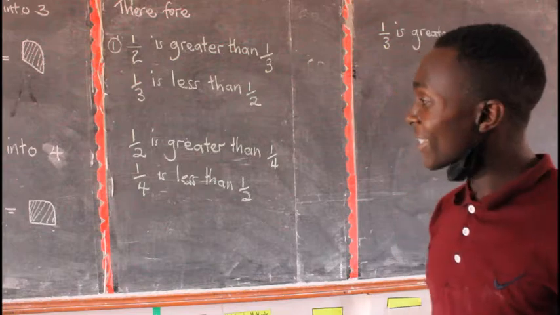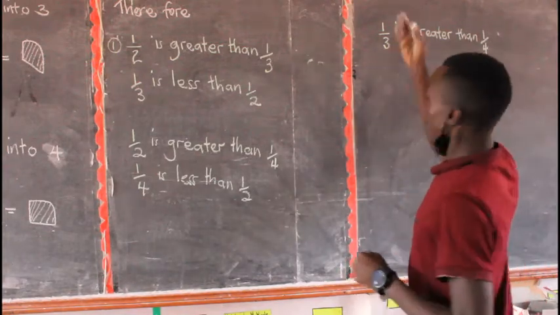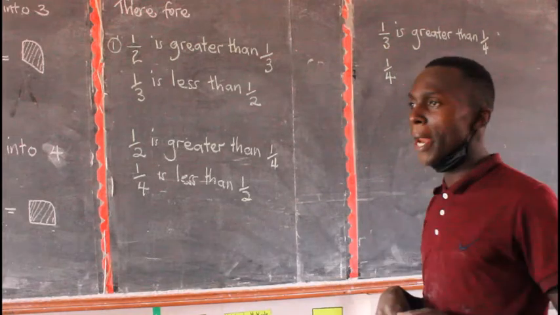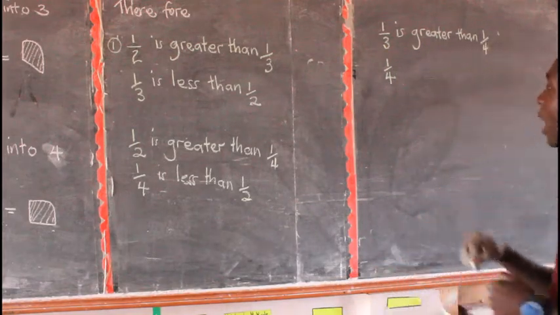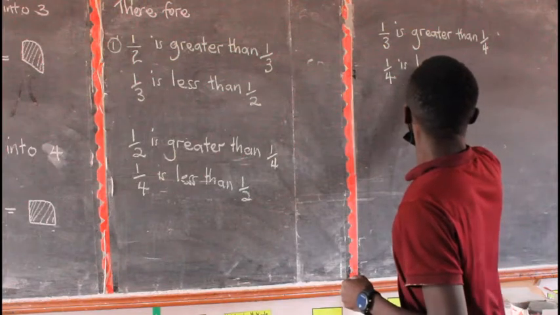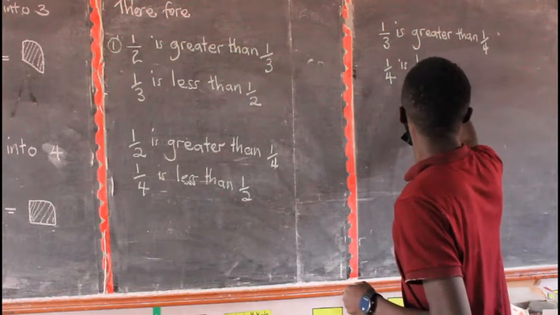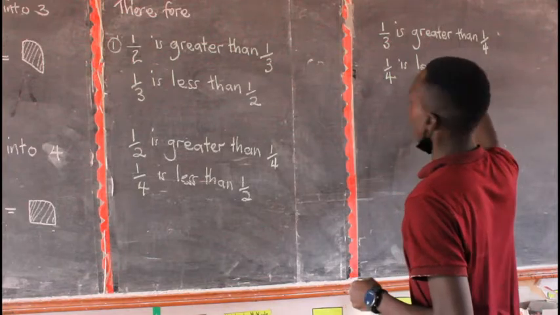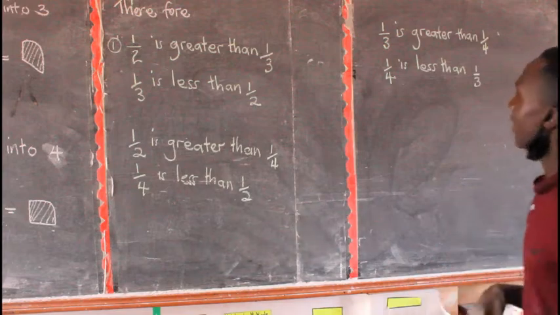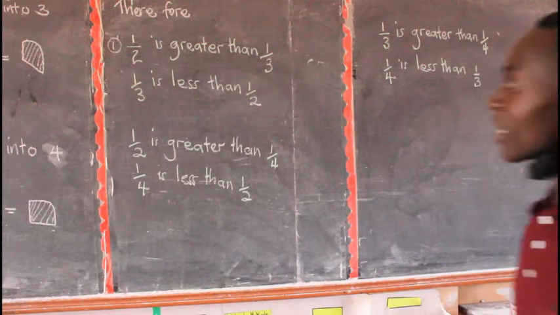Or you can reverse it and say a quarter, or 1/4, is less than a third. That's how we say.